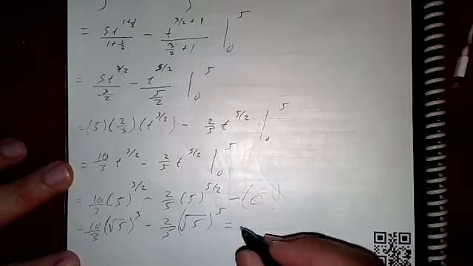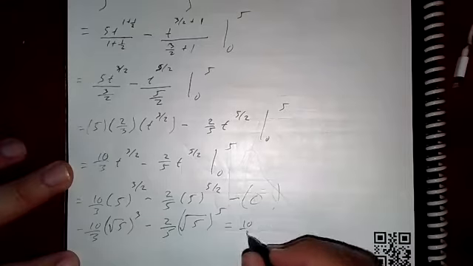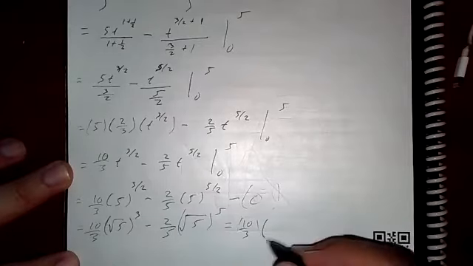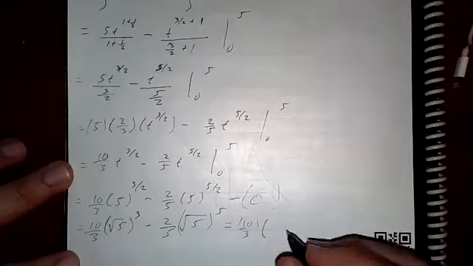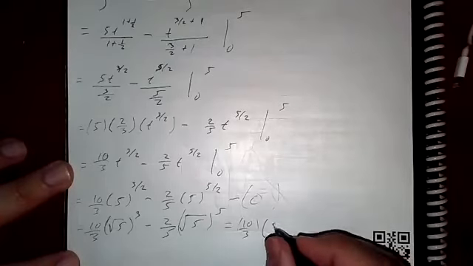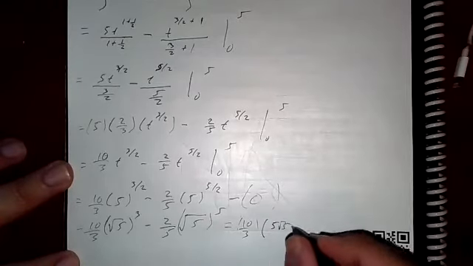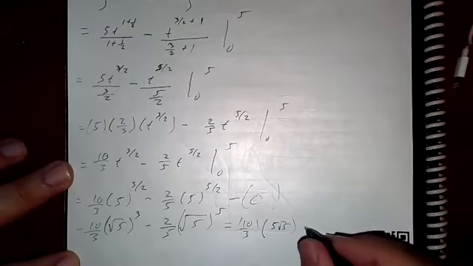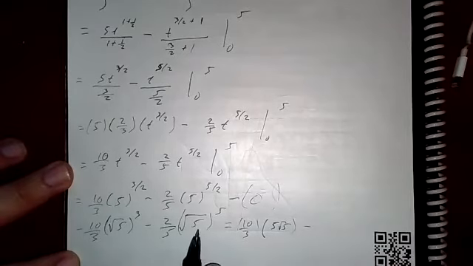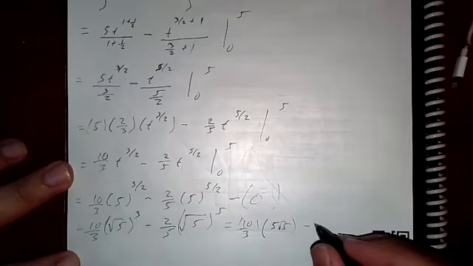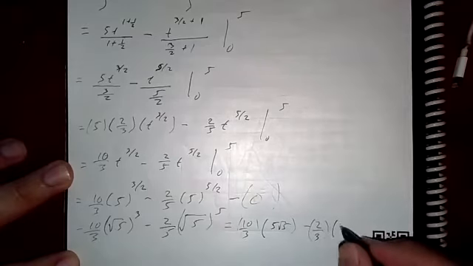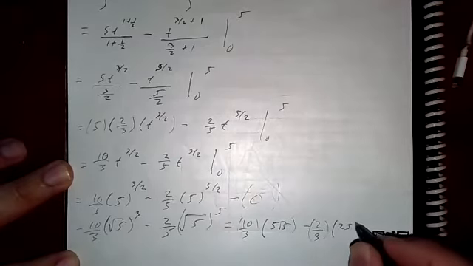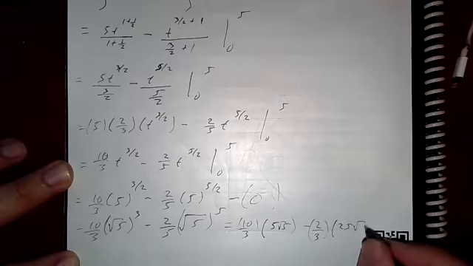So this would be 10 over 3 times 5 root 5, minus root 5 times root 5 is 5 times root 5, is another 5. So that will be 25 root 5.